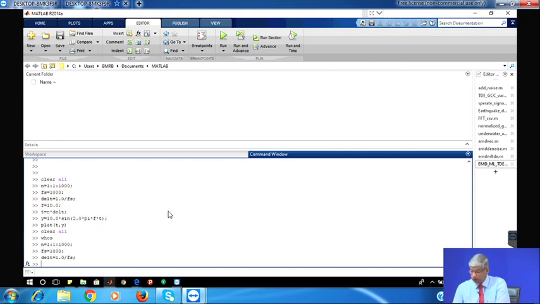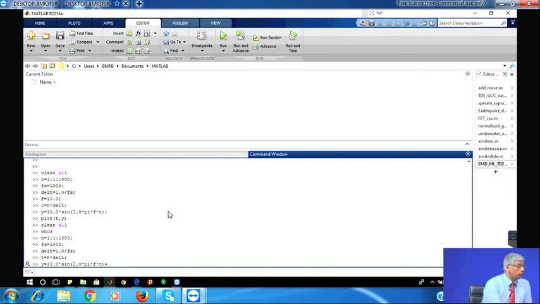Okay. t is equal to n times del t, and then y is equal to 10.0 star sine 2.0 star pi star f star t, and to this I am adding the random noise of this amplitude, 10.0 star rand 1.